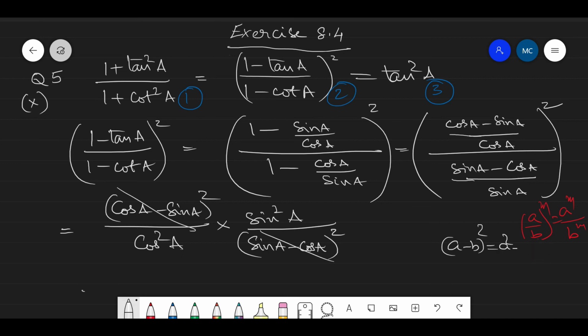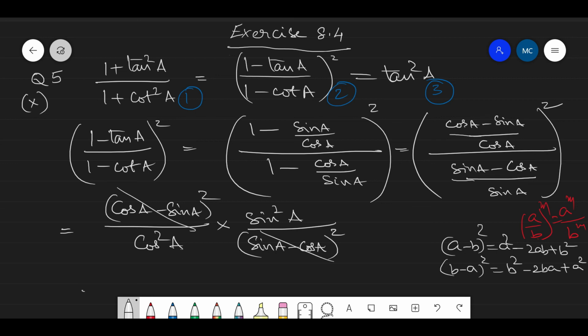A square minus 2AB plus B square. What is B minus A whole square? That is B square minus 2BA plus A square. See, 2AB, 2BA both are same. A square and B square both are positive. So that means A minus B whole square or B minus A whole square both are same. That is why we are able to cancel.